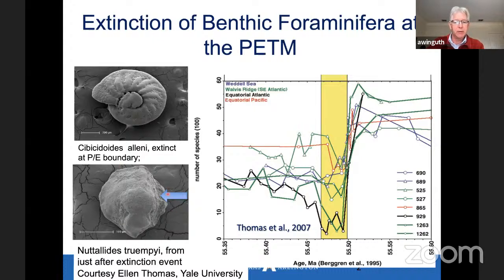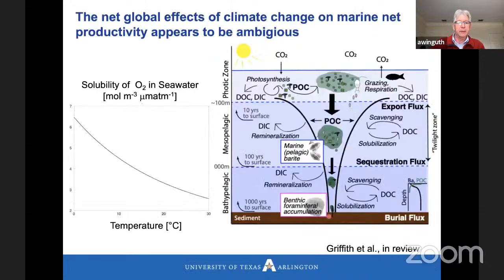And you see also signs on the foraminifera shells where the shell became degraded, and that's likely linked to ocean acidification. Shown here on the right is a record of the benthic foram extinction from Alegret, Thomas and Berggren. And of interest is mostly the extinction events in the Atlantic Ocean. So I want to focus on that.